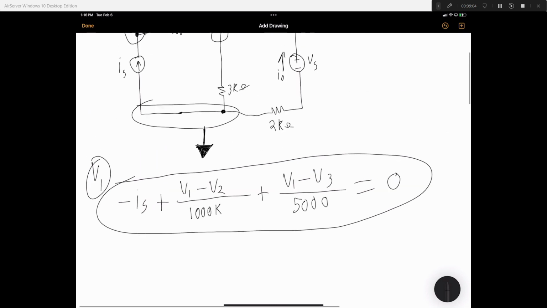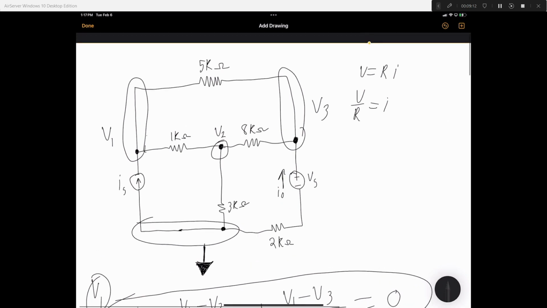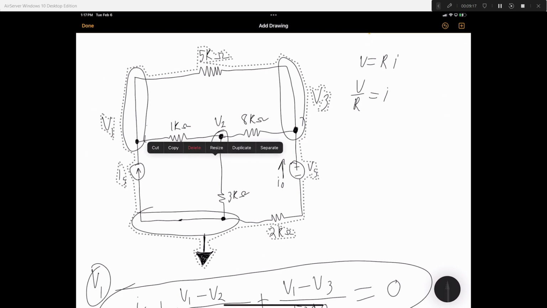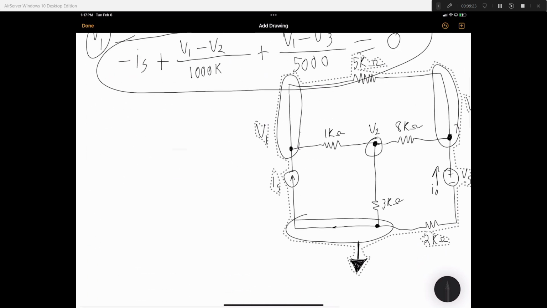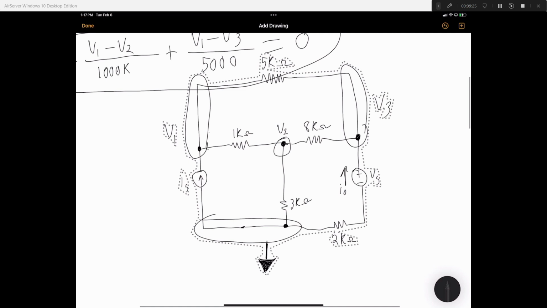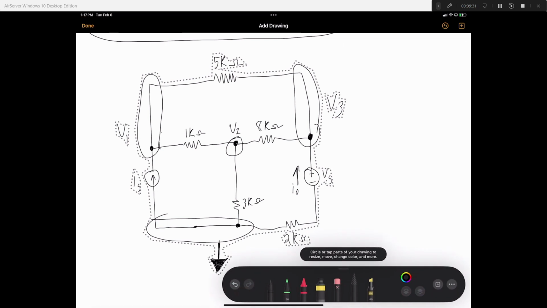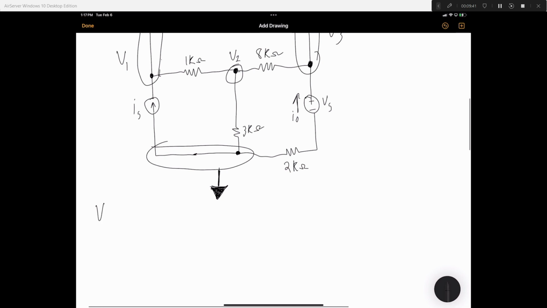Let me make my work look nicer and move that drawing down here. Let's do node V2 KCL, using the node voltage method. So we have 3 resistors.